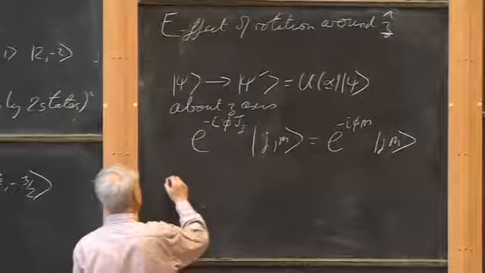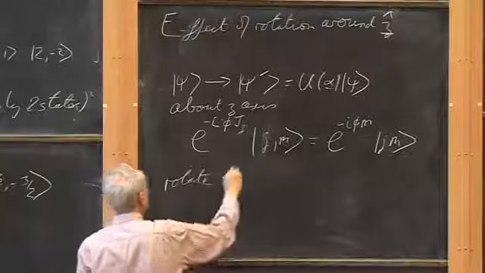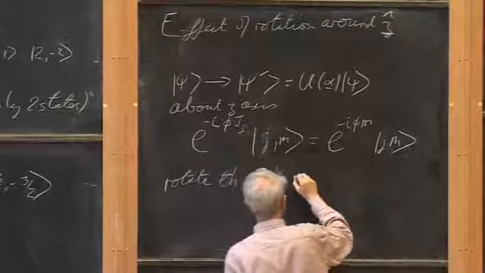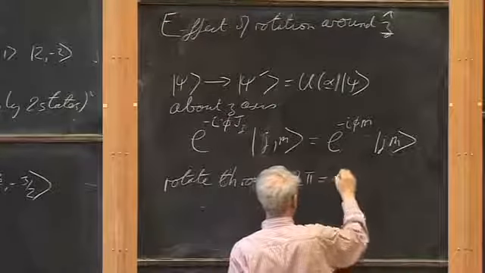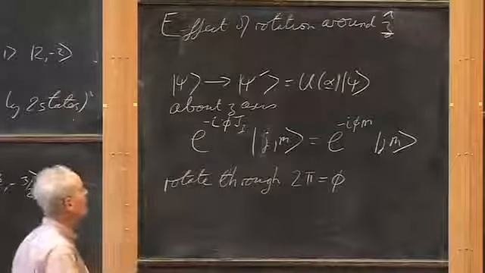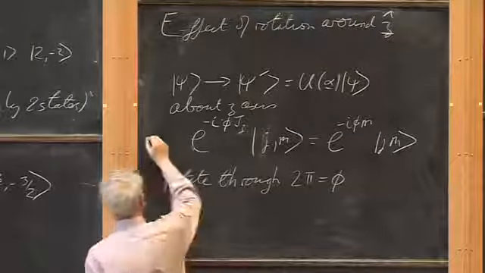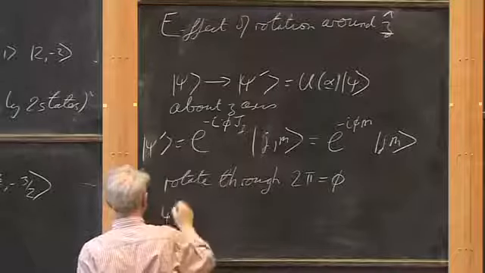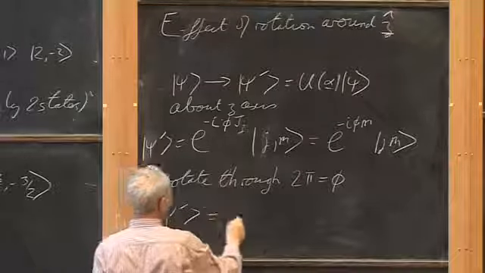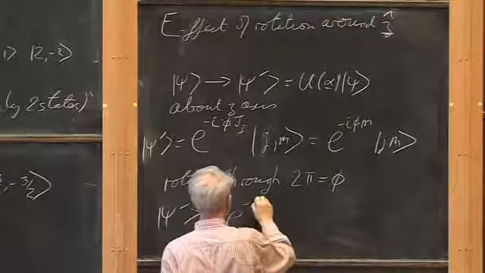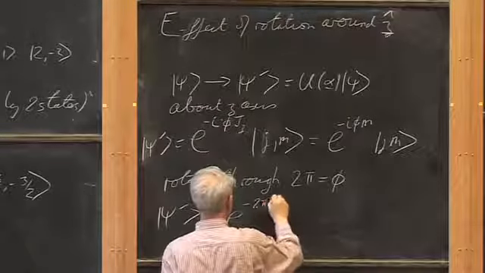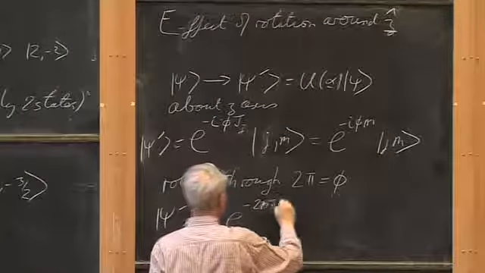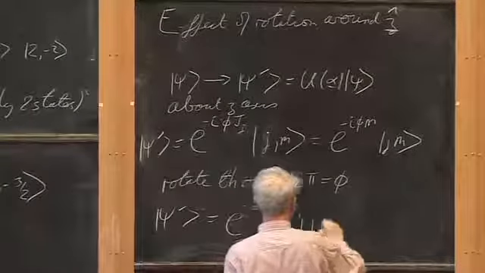Okay, so if we rotate through 2 pi, if we rotate the thing completely around, so if we put phi to 2 pi, what are we going to call this? We're going to call this psi primed, right? Psi primed is going to be e to the minus 2 pi i m times what we first thought of.